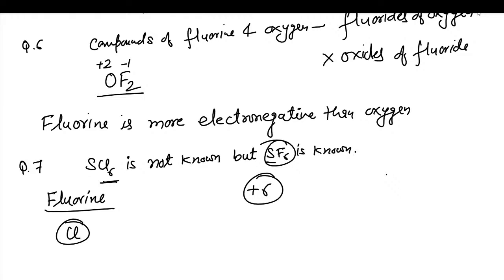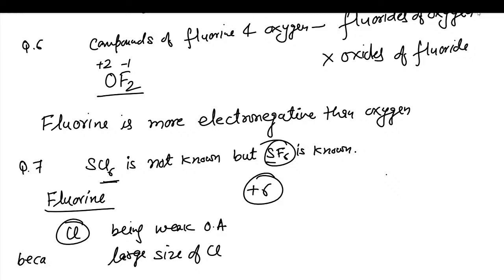First reason is chlorine being a weak oxidizing agent cannot oxidize sulfur to the maximum oxidation state, and the second reason is the large size of chlorine. Because of the larger size of chlorine, what happened?